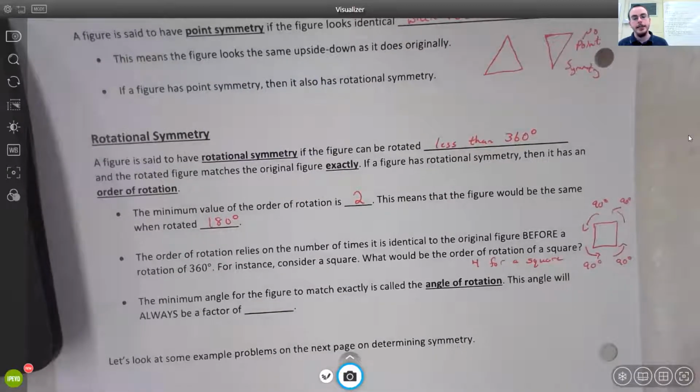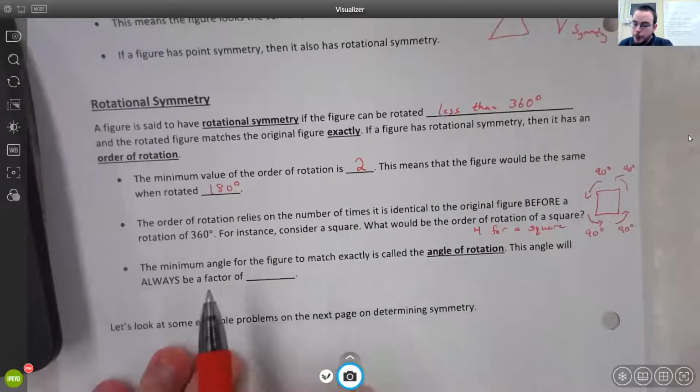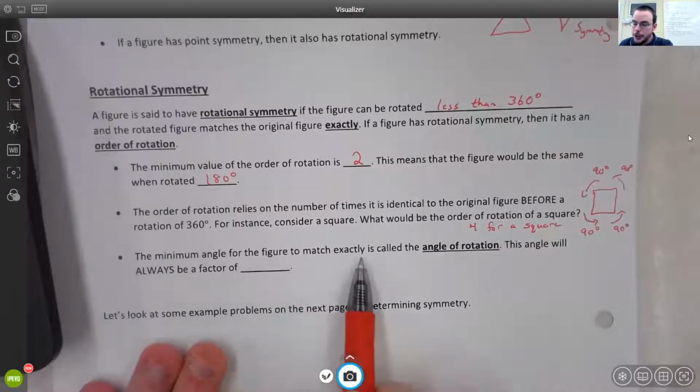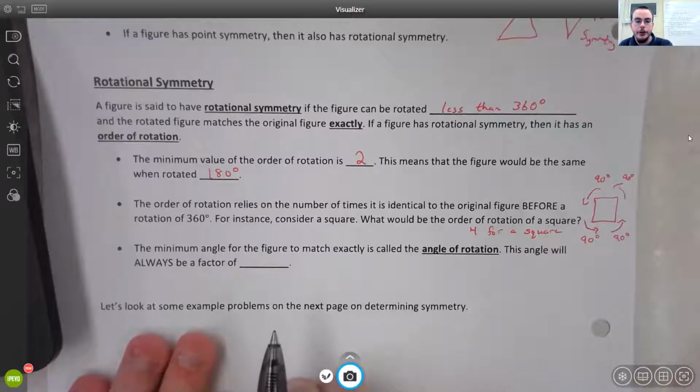For something like a rectangle, it would be 2. Something like a hexagon, it would be 6, and so on and so forth. It just depends on how many times it matches up exactly. Now the minimum angle for the figure to match exactly is called the angle of rotation. So for a square, that would be 90 degrees.